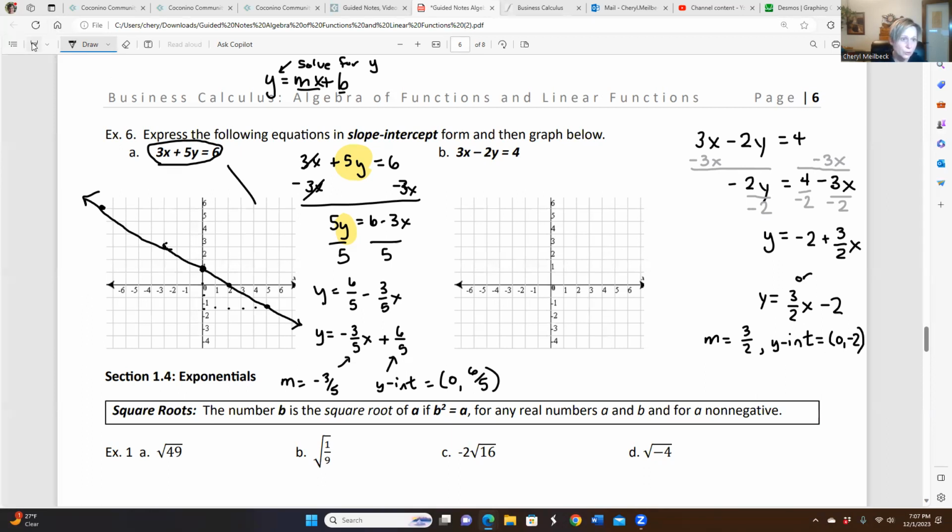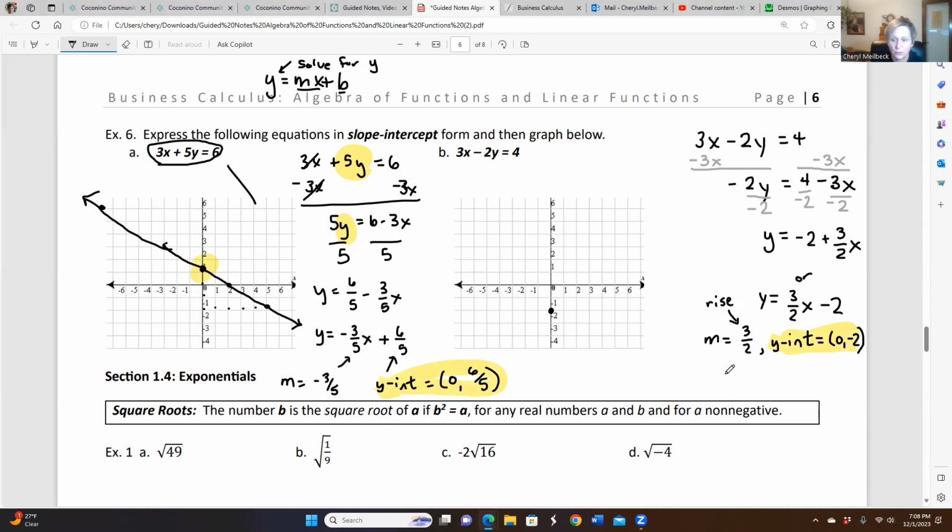Now, whenever you graph these, you always start with the y-intercept. So here, we will start at the point (0, -2). That would be here. Now, our slope here is 3/2. That's a positive 3/2.